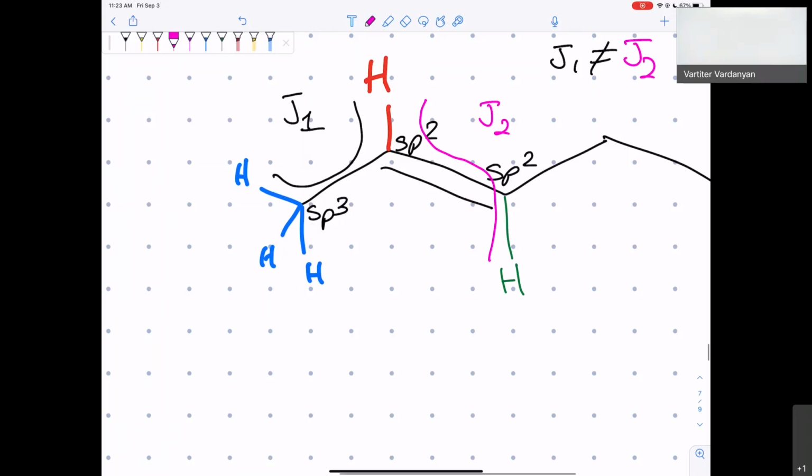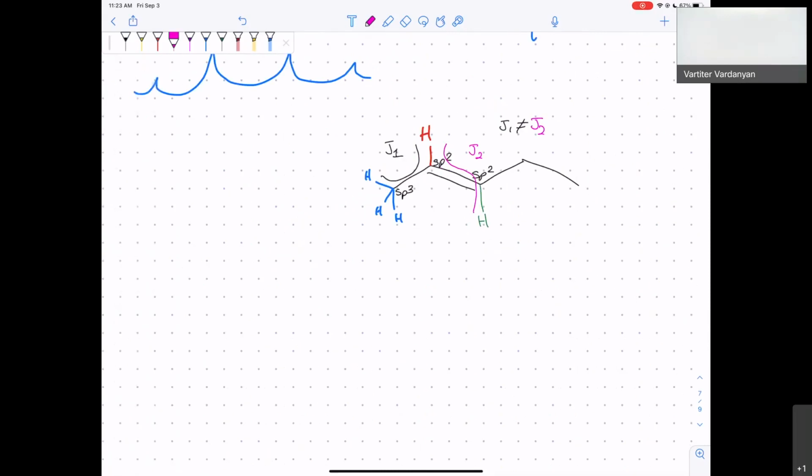We are going to say that J2 equals 10 hertz, and J1 equals 5 hertz.